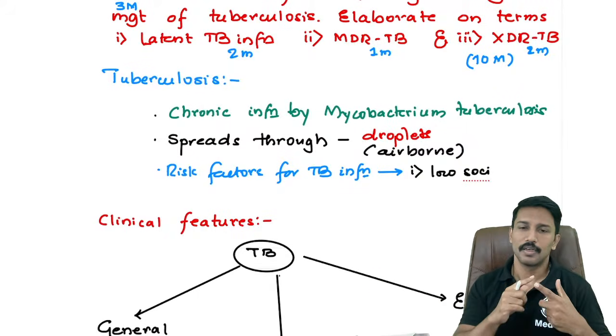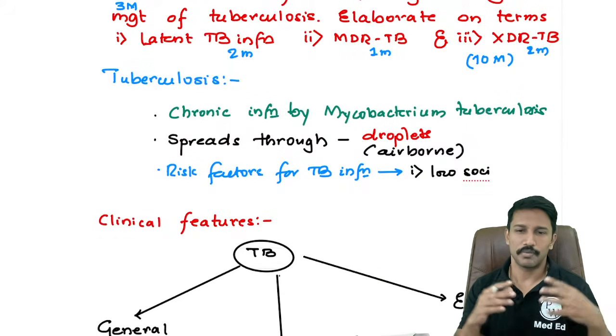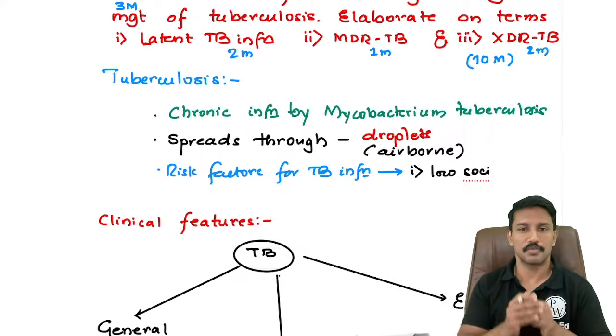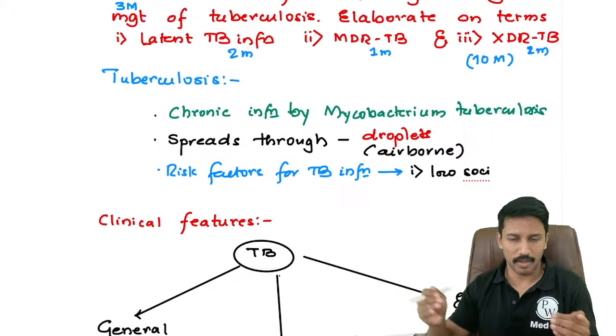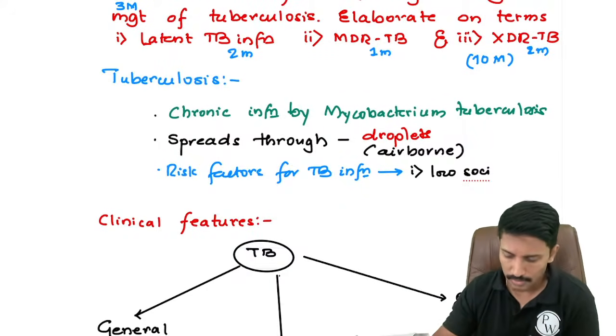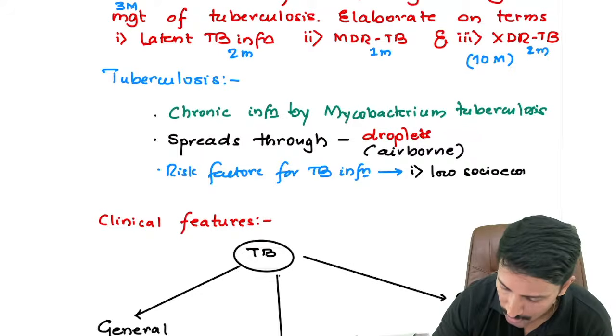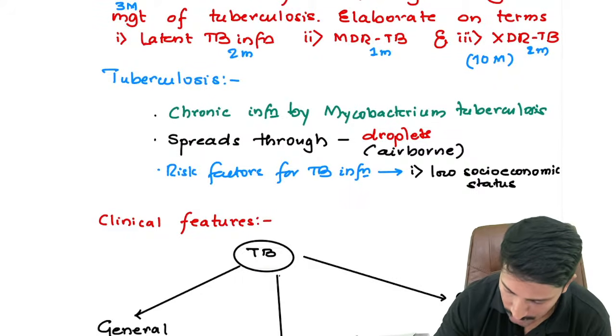So in slum dwellers or people living in extremely crowded apartments is where respiratory infections spread more rapidly. So is tuberculosis, right? So low socioeconomic status.